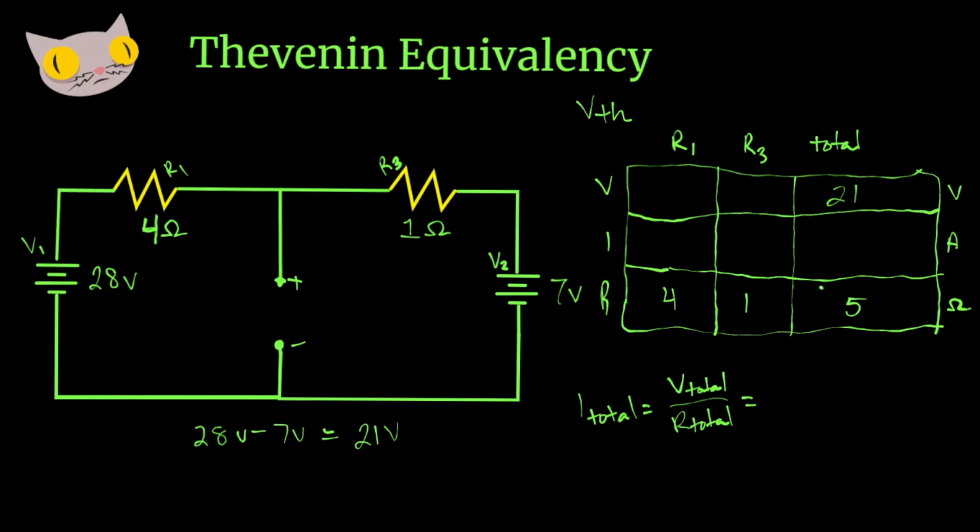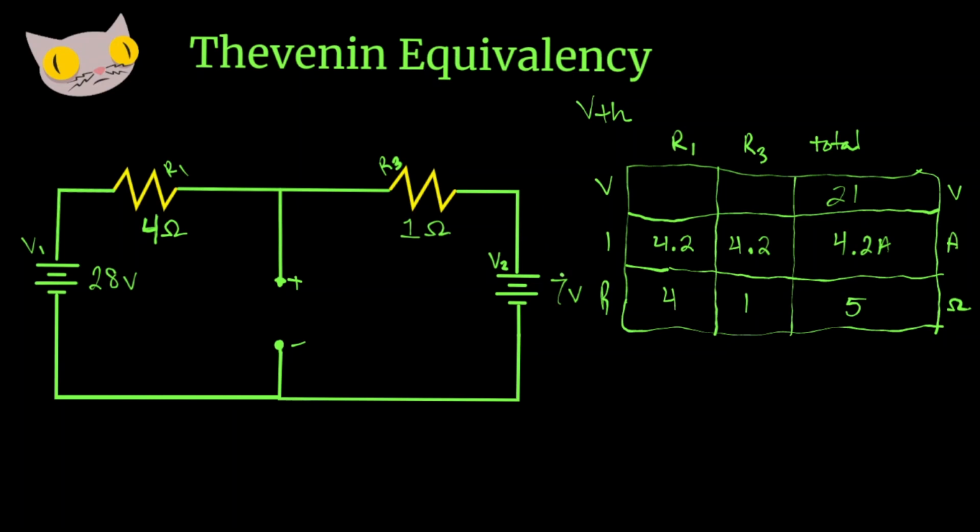So our total voltage is 21 volts and our total resistance is 5 ohms. That's going to give us 4.2 amps. So that's going to be our total current, and that's going to be our current across each resistor.